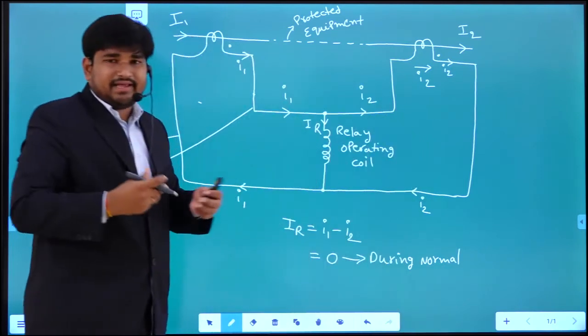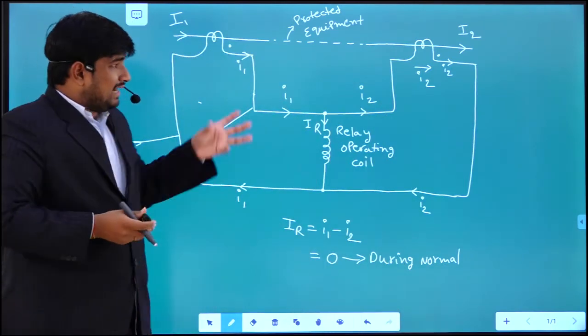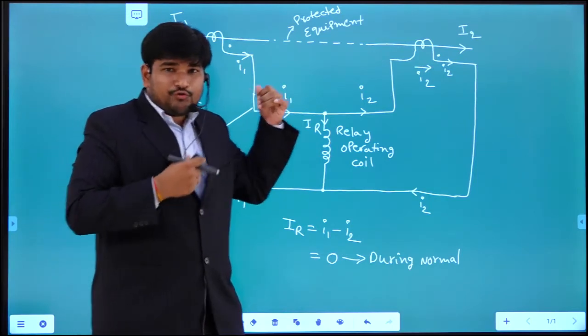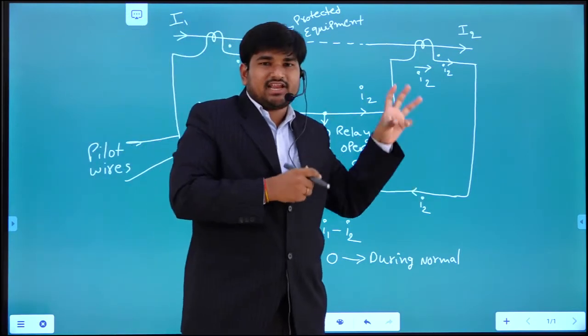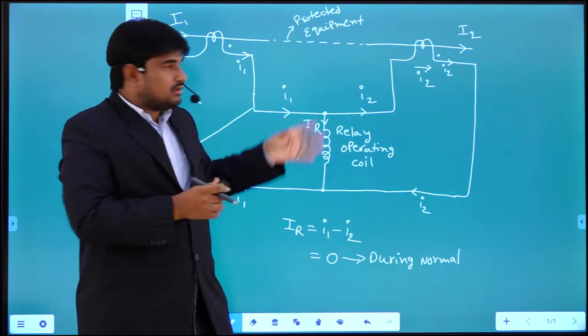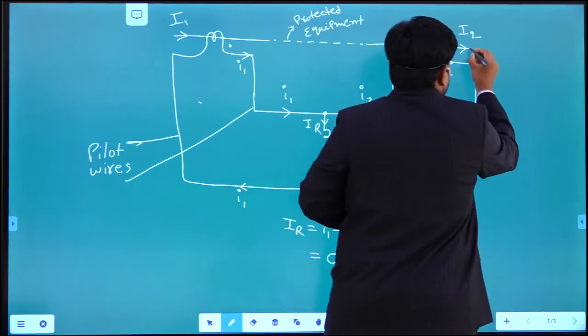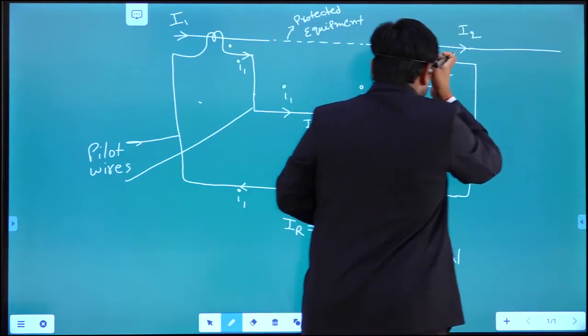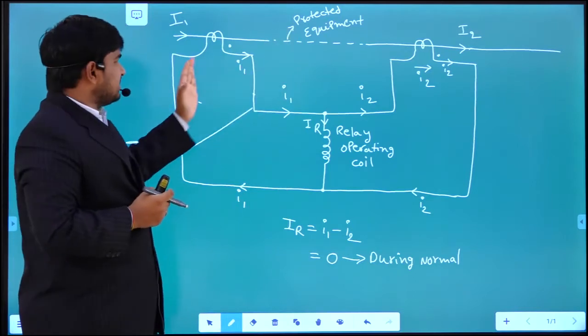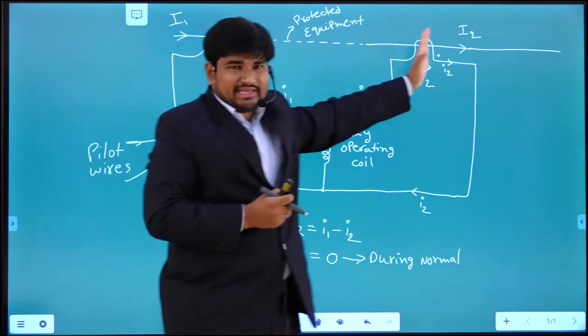Now, for example, let us take case 1, that is through faults. That means an external fault has occurred in the system, right? In this example, the protected zone is from here to here only.